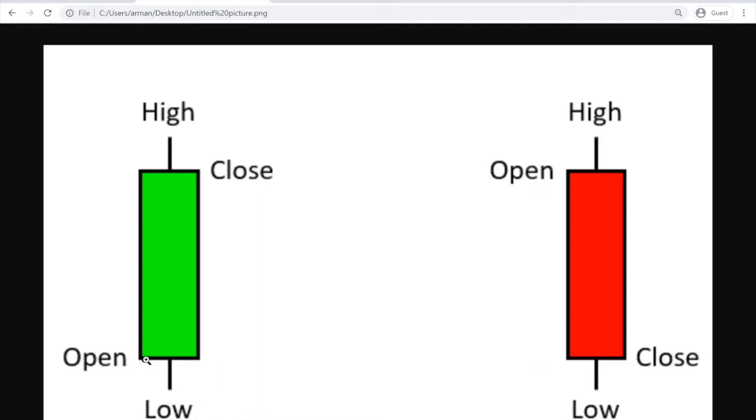So during this 1 hour, if it's a 1 hour candlestick, it can be a daily candlestick, weekly, monthly, whatever you choose. During that time interval, the price starts here, does anything in the middle within the range from here to here, and ends up here.